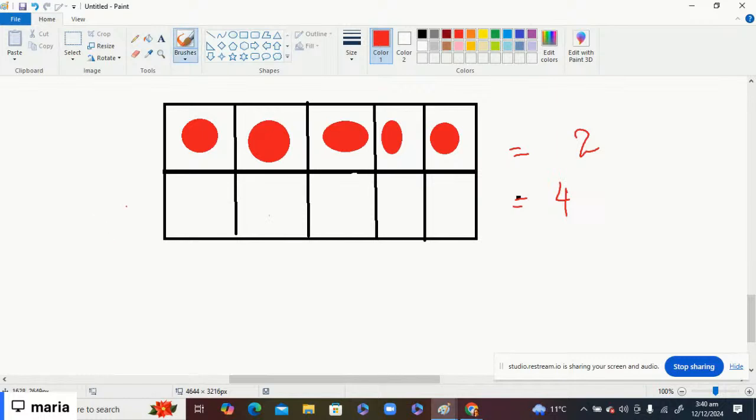It's how many of it? Count it and then tell me. It's 1, 2, 3, 4, and 5. So how many of it? It's total 5.